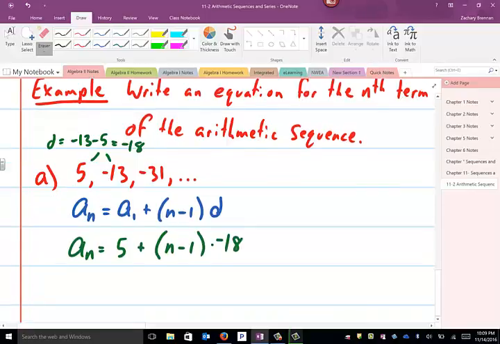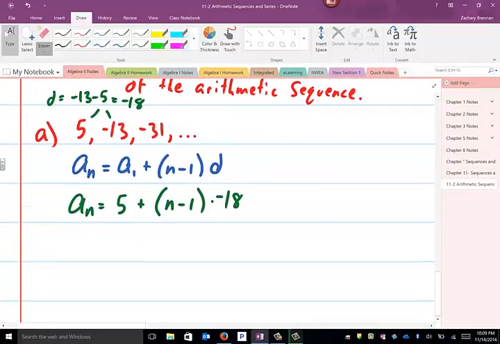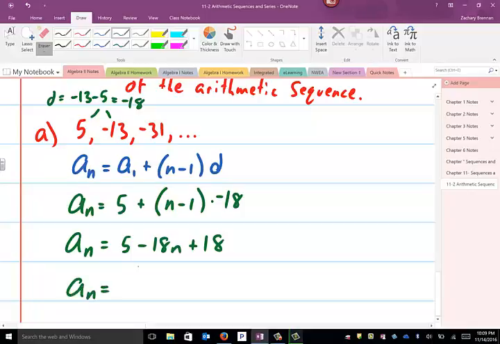Okay, we just got to clean this up a little bit. So a sub n equals 5, and then we need to send that -18 into those parentheses. So it'll be -18n plus 18. Clean all this up, and you're just going to get a sub n equals -18n plus 23.